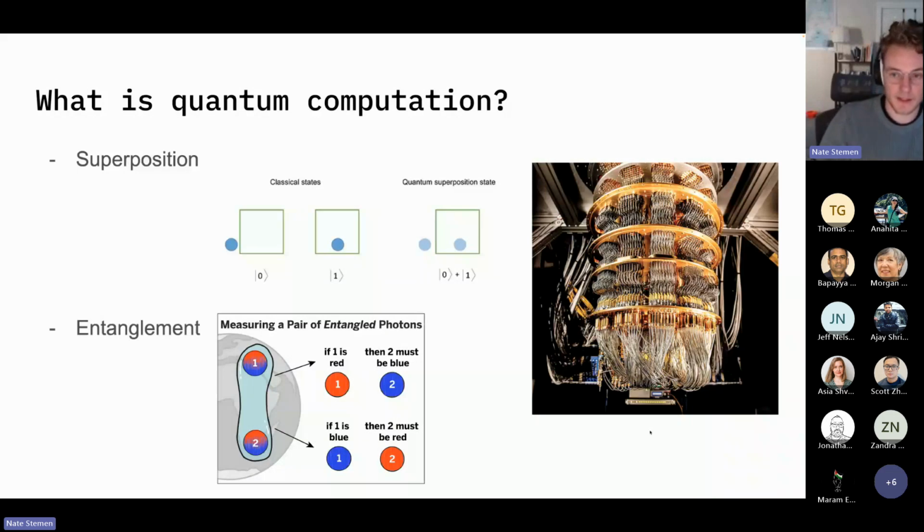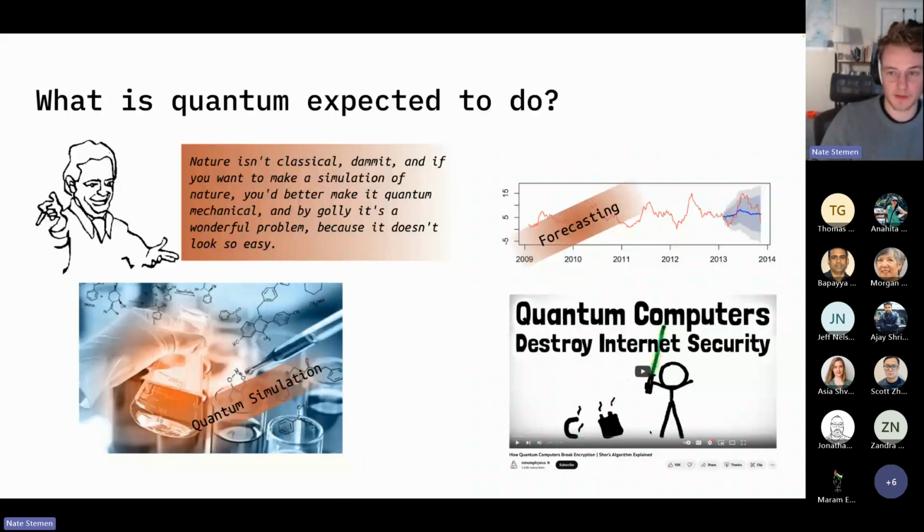But to get back to it, we were talking about some of the potential applications of quantum computing. So we talked about forecasting, and then earlier I mentioned how in the early 90s there was an algorithm published by a mathematician who found a quantum algorithm to factor large numbers.